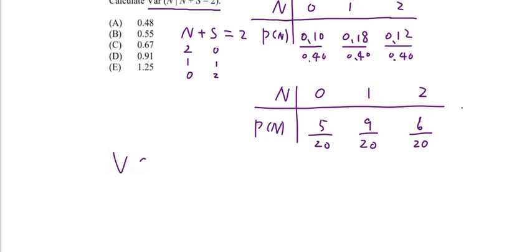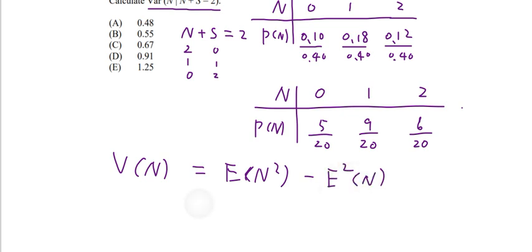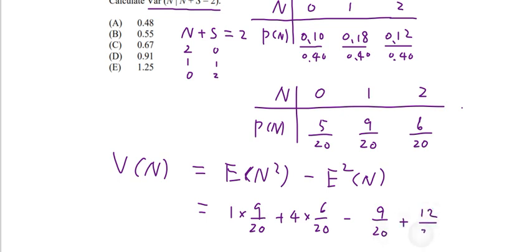The variance equals the expectation of N squared minus the square of the expectation of N. So N squared is 1 times 9 over 20 plus 4 times 6 over 20. Minus, N is 9 over 20 plus 12 over 20, and this is squared.